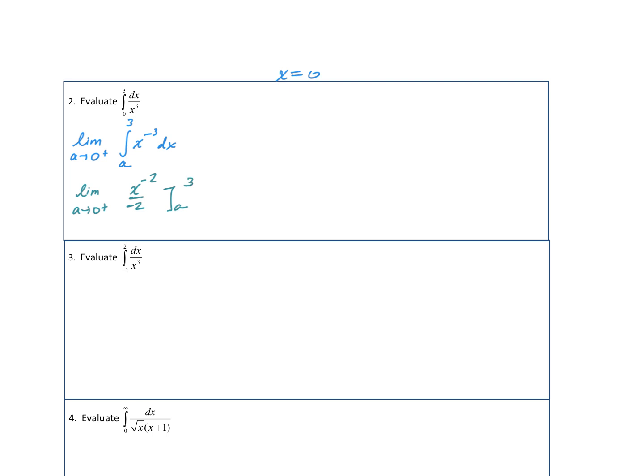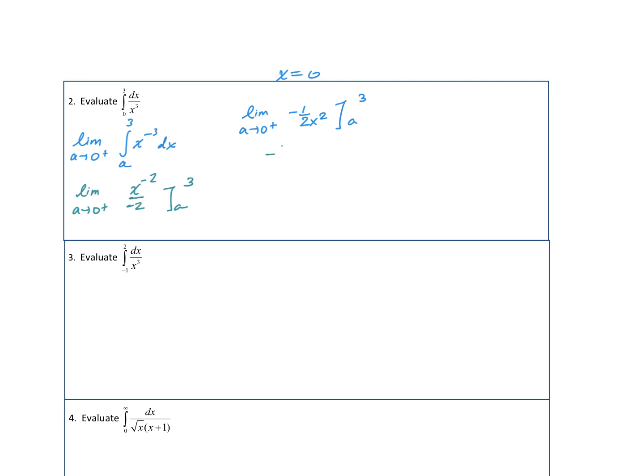I plug in. I'm going to simplify this a little bit first. So we've got the limit as a goes to 0 from the right, negative 1/2, and then x squared on the bottom. Now I'm going to plug in.